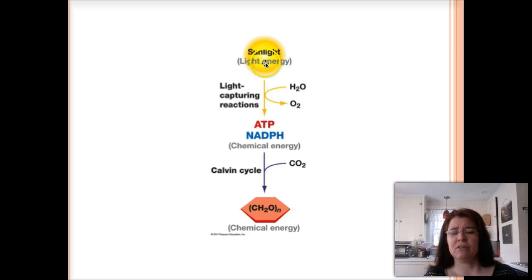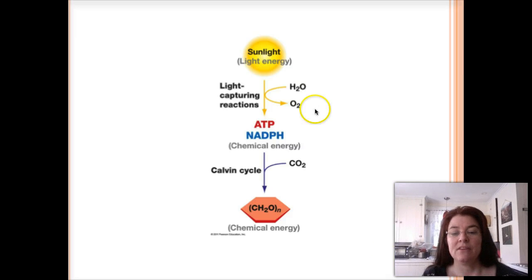In the light-capturing reactions, energy from sun is converted into chemical energy of ATP and reducing energy of NADPH. Water is split to produce oxygen and electrons to keep these light-capturing reactions moving forward.